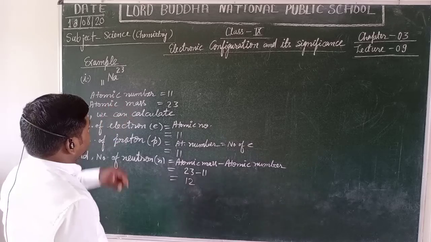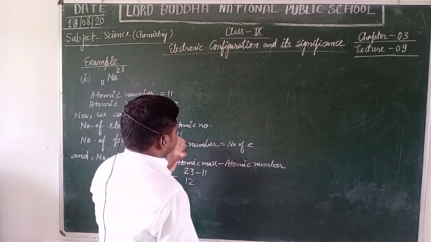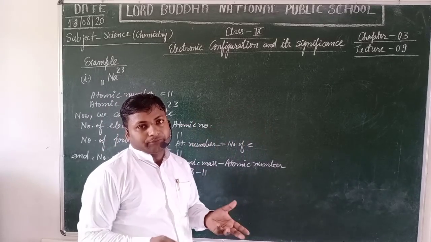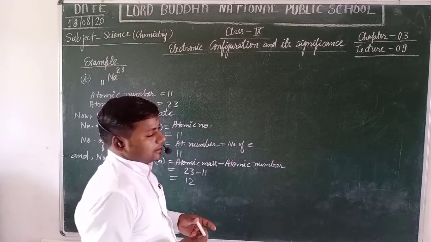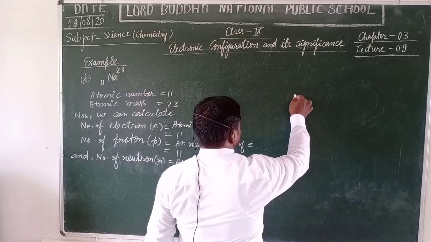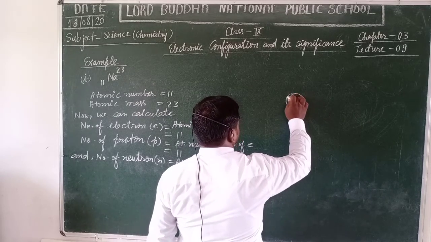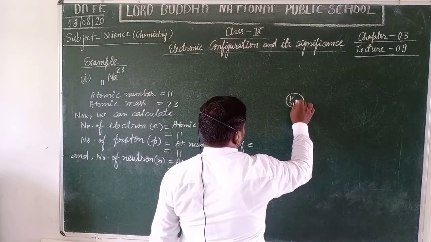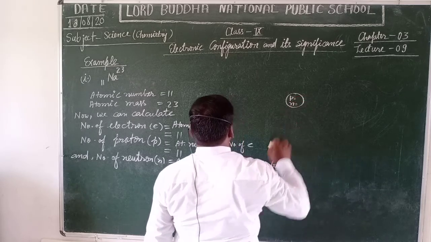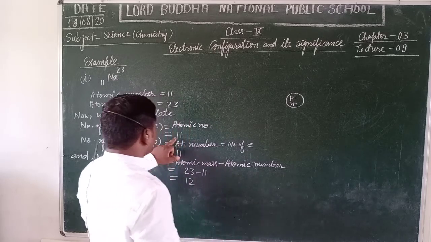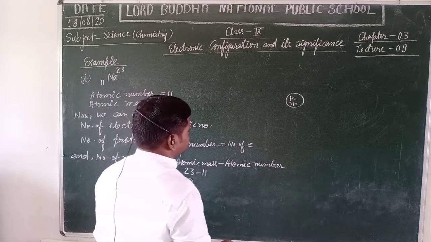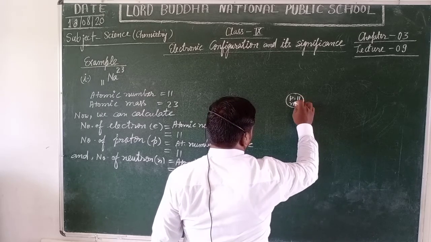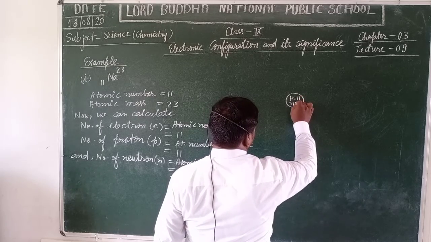Now we are going to describe the electronic configuration and the arrangement of electrons in different energy levels. Students, this is the nucleus of sodium, and here I will represent the number of protons and neutrons inside the nucleus. The number of protons in sodium is 11 and the number of neutrons is 12, right?